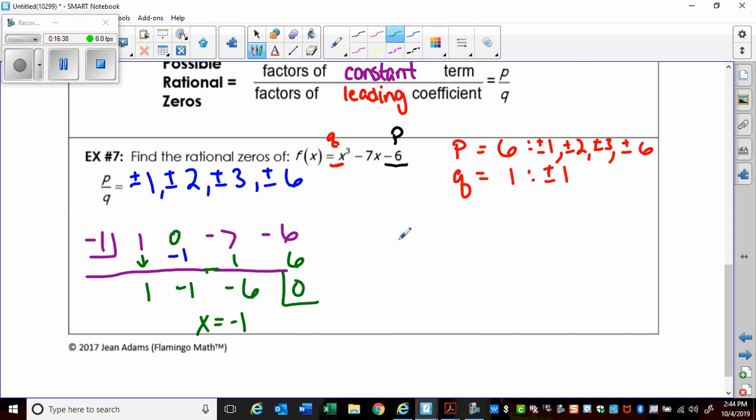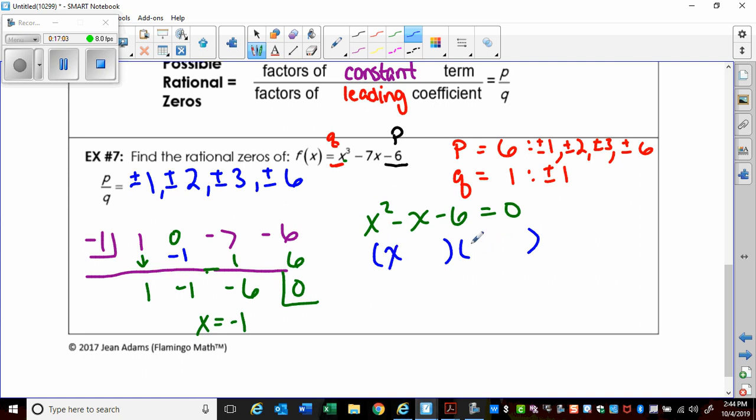The rest is actually just a quadratic. This one was cubed, so 1 less would be x squared minus x and then -6. And I can actually just factor this. You can use synthetic division again, like try another and find out if it is a factor, but this would be easier for me to just factor by hand. So this is x squared.